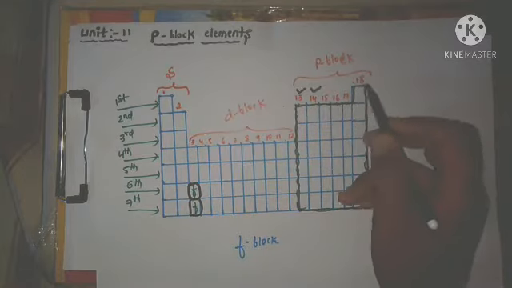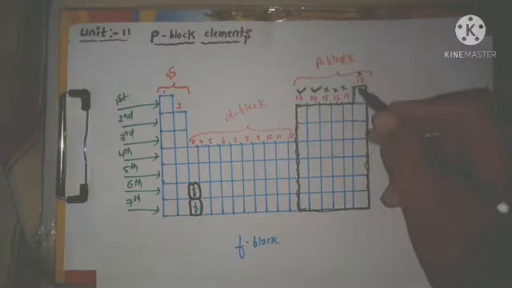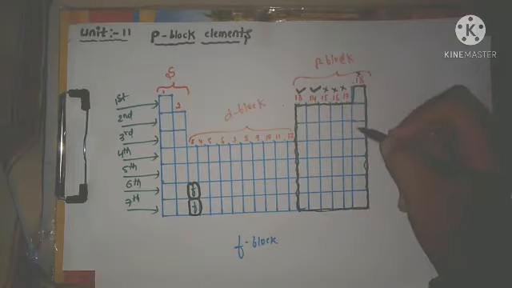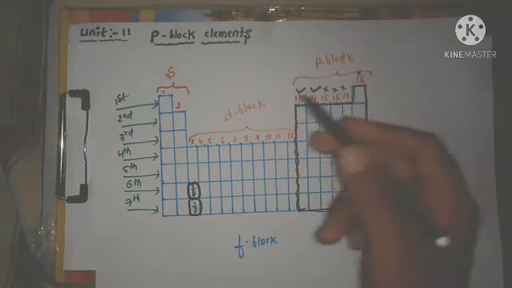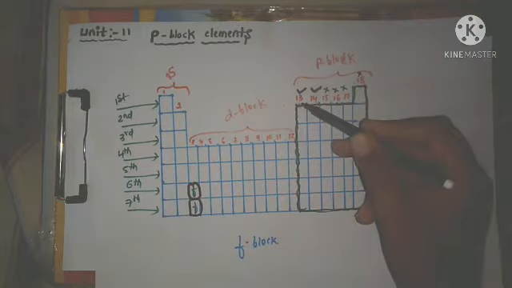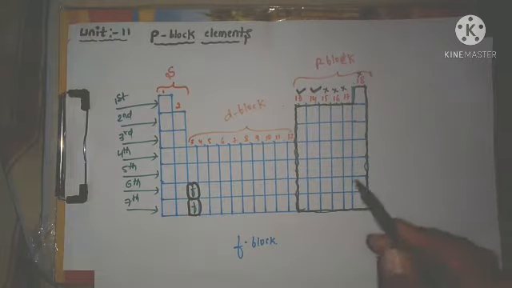They are not for the first PUC. In the next year we are going to discuss the 15, 16, 17, 18 groups. Means in the first year in this unit, unit number 11, P block elements, we have to study only 2 groups, group number 13 and group number 14. That we will discuss in this unit.